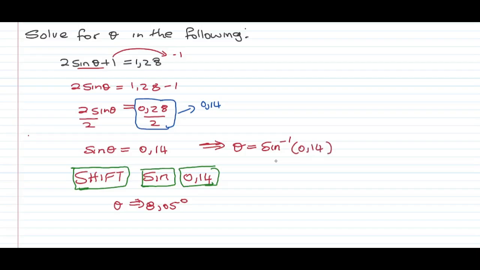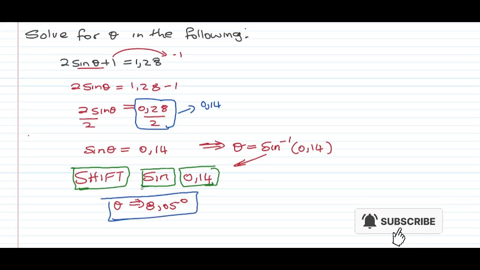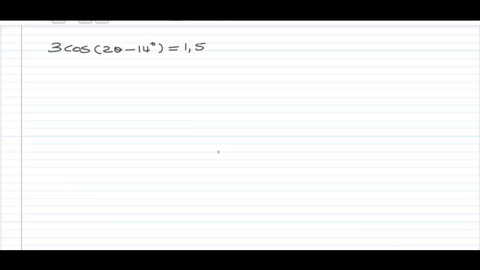So how do we punch the sine inverse of that? We say shift sine of 0.14, then you'll have your final answer. You're going to have your final answer as 8.05. And this is how you solve trig equations. And we solve this one.